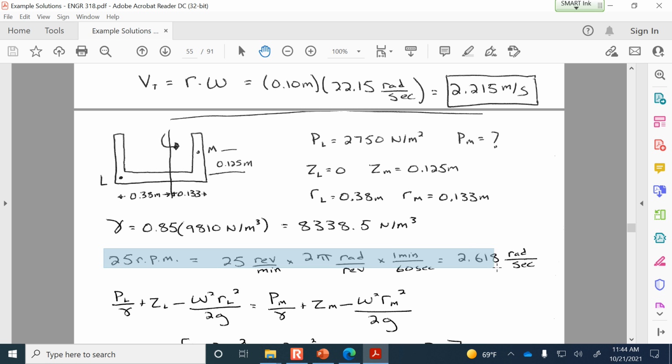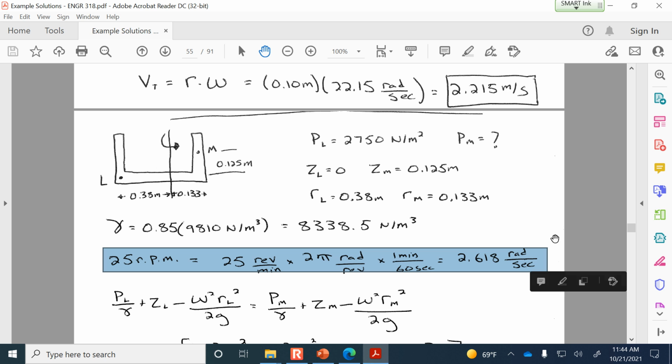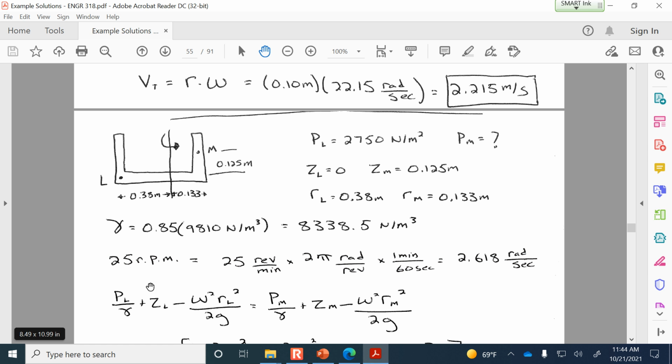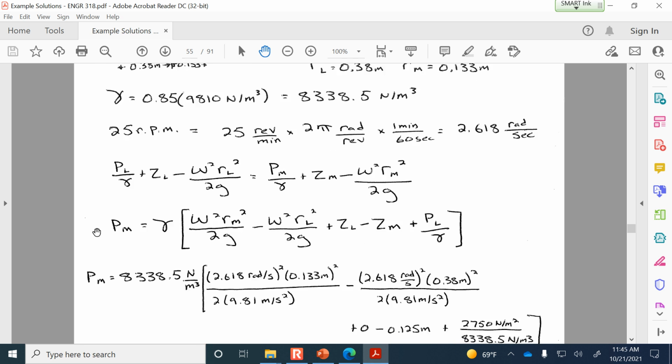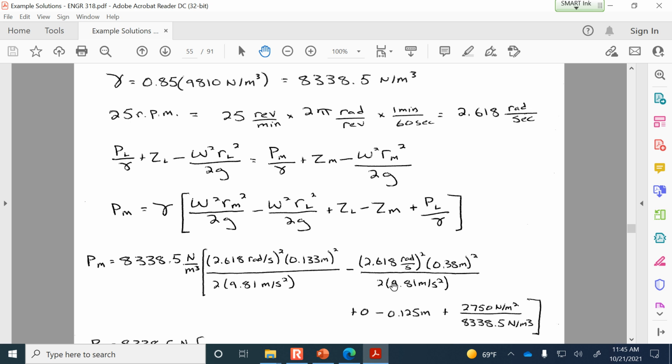Convert the revolutions per minute into radians per second. And then here's the formula we're going to be substituting into. What I did was I just rearranged it to solve in terms of the pressure at M. Rather than making the substitutions first, I did the algebra first. Okay, and then here's all the numerical substitutions.